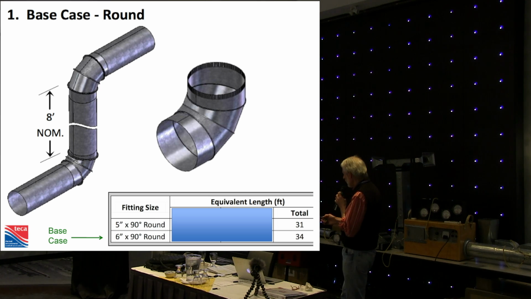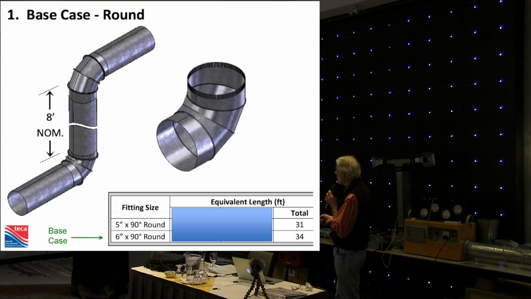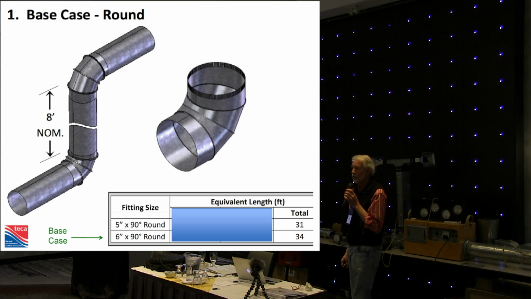And the net result is that in that situation, if you have a 6-inch duct, 6-inch 90, 6-inch 90, 2 or 3 feet of straightening, 8 or 10 feet of riser and elbow, 2 or 3 feet, the mathematics of it is 34 equivalent feet.